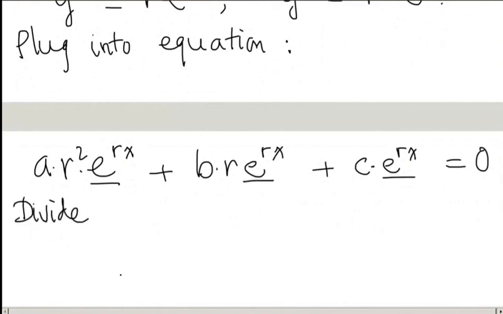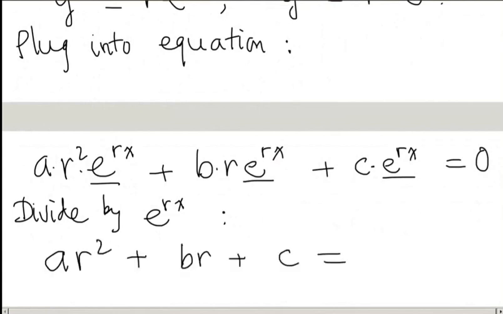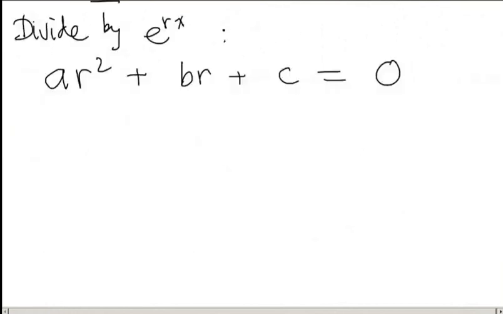So divide by e to the rx. We have the equation for r, a r squared plus b r plus c equal to 0. And once we solve this equation, we will have the values of r.